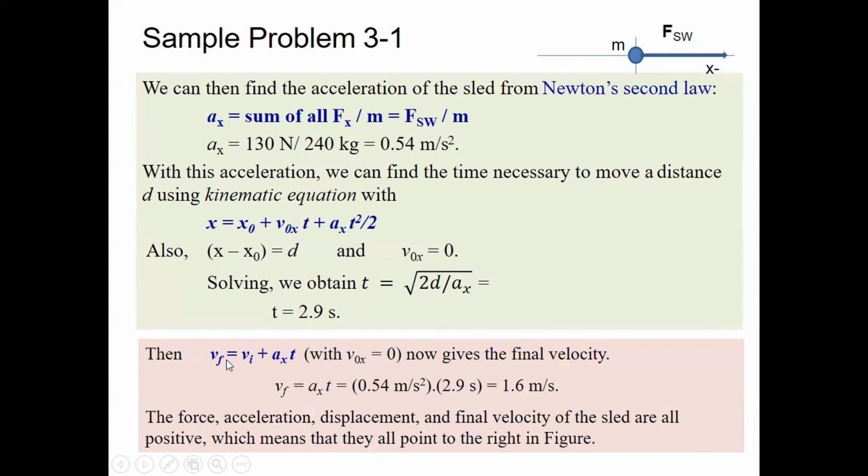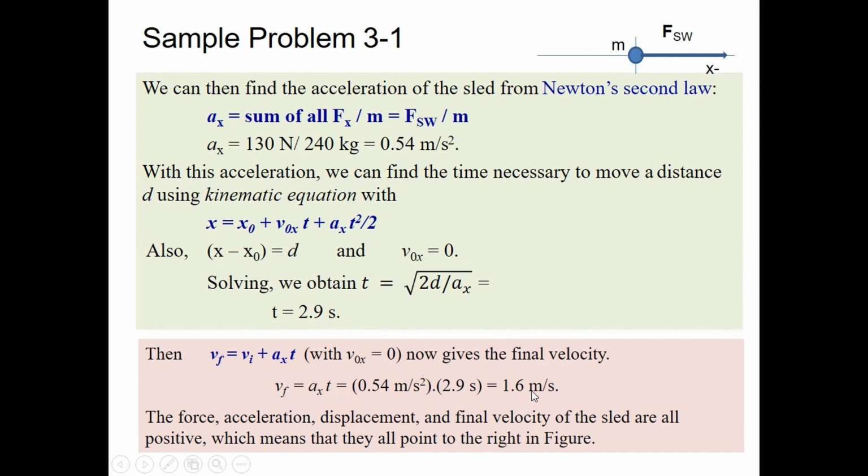Once we know the time, we substitute the time value into this kinematic equation, where v final is the final velocity equal to vi, the initial velocity, plus acceleration times t, with acceleration along the x-axis. Since in this problem the initial velocity was 0, the final velocity is just ax times t. ax is the acceleration along the x-axis, which we calculated to be 0.54 meters per second squared. t is the time, which we calculated to be 2.9 seconds.